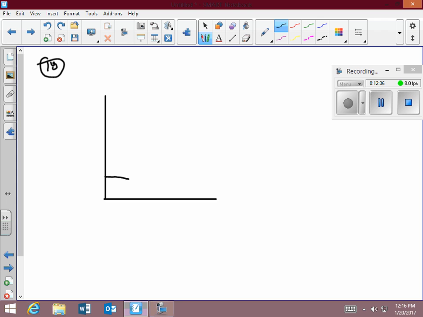What they have, since that's 90, and you got this one, then they call this one angle 1 and this one angle 2.